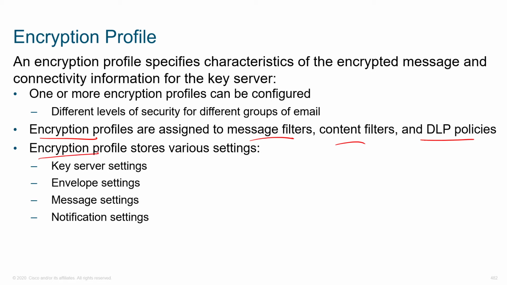And then within the encryption profile, all we're doing is setting who's the key server, how are we handling the envelope, how are we handling the messages, how are we handling the notifications. There's going to be various attributes and options that you can select for each of these. And then once we select them, we store those settings in this encryption profile, which is just going to be nested inside of your other policies.